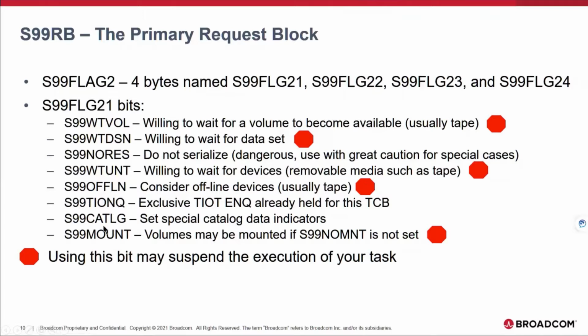And the catalog flag is for system internals. It has to do with allocating a catalog data set or a catalog specifically, and you normally would never use this. This is for operating system use. And this last one, mount, says volumes can be mounted if the no mount flag is not set.